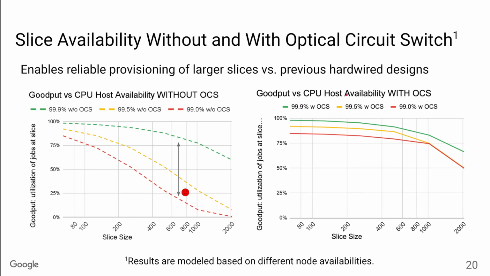However, with the OCS and the ability to reconfigure, we can maintain well above 50%, even at slices of size 2000 being requested. And since most of the slices people ask for are down in here, we're getting extremely high reliability in offering those slices to the customer in the data center.